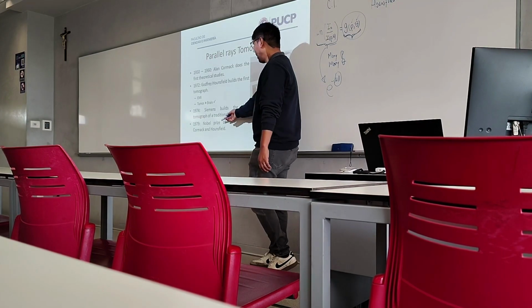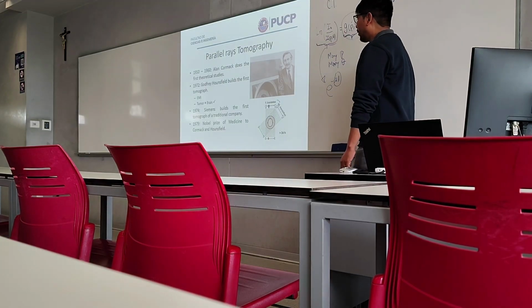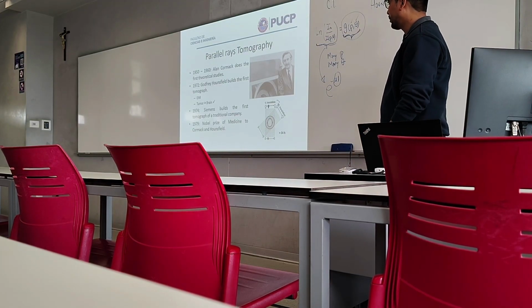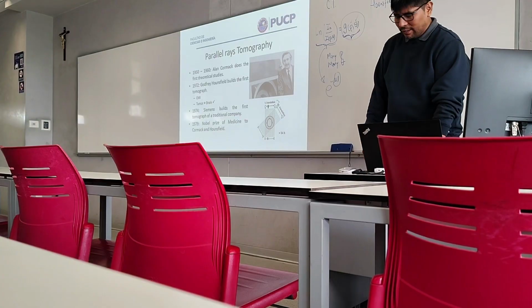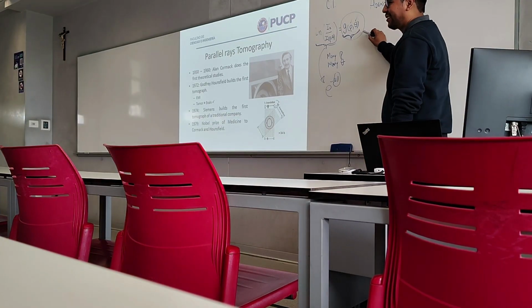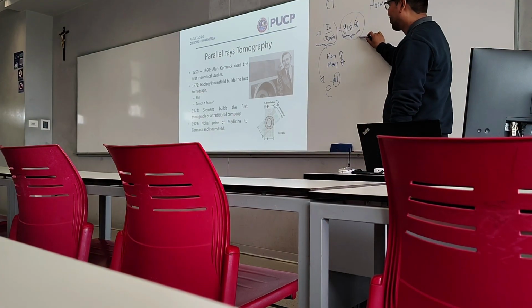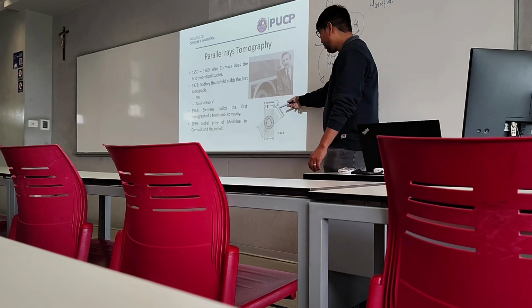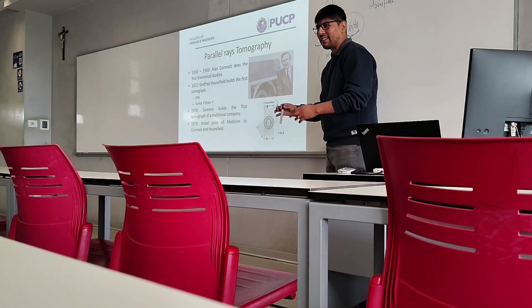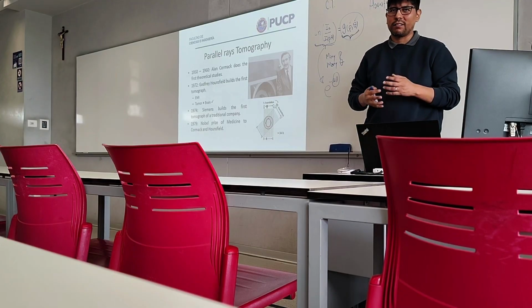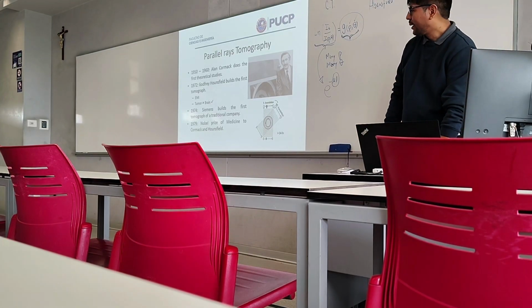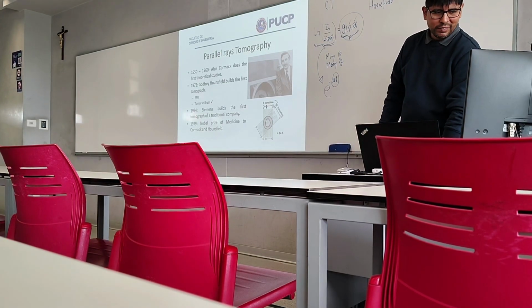And they got the Nobel Prize for that idea, Cormac and Hounsfield. Mathematically, it's not that difficult. But making the machine probably had some difficulty in those years. They did it and they got the Nobel Prize of Medicine.